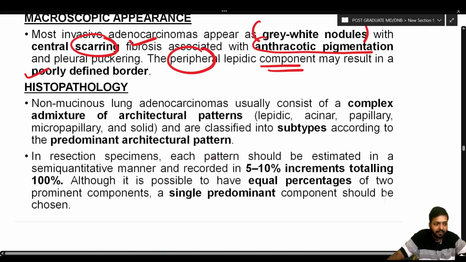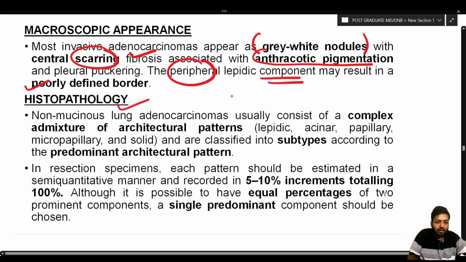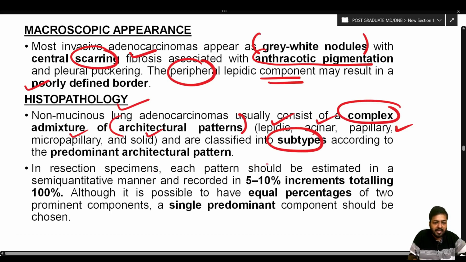Okay, what is lipidic? Non-mucinous lung adenocarcinoma usually consists of a complex admixture of architectural patterns. They can have different kinds of architectural pattern like lipidic pattern, acinar pattern, papillary pattern, micropapillary pattern, solid pattern, and they are classified into subtypes according to the predominant architectural pattern. Now in resection specimens, each pattern should be estimated in a semi-quantitative manner and recorded in 5 to 10% increments totaling 100%.